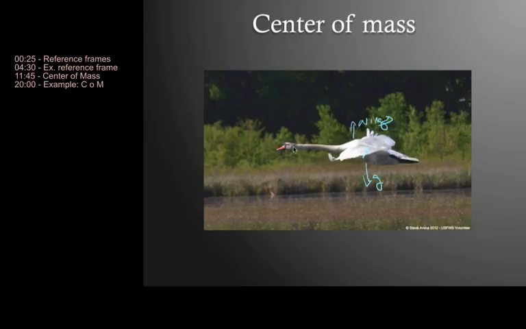So you can look at the whole swan, and we're going to idealize it like we did that baton. We're going to dissect it into little chunks. So where would the center of mass of this head-neck part be? Somewhere in the middle. And then where would the center of mass of this piece be?